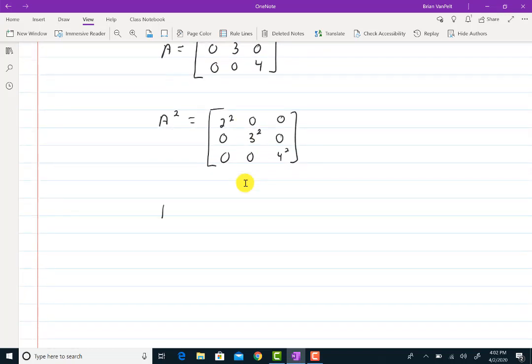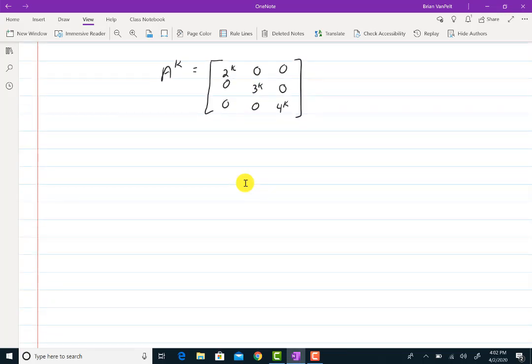In fact, if you take it to the k power, as long as it's a whole number, you'll get 2 to the k, 0, 0, 0, 3 to the k, 0, 0, 0, 4 to the k. So you can see it's very advantageous to have a diagonal matrix. Now, we're not going to get these exactly like that. Here's the form ours is going to take.